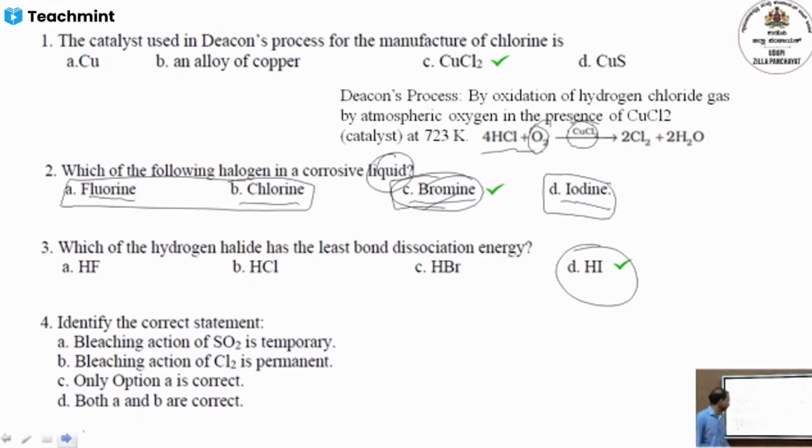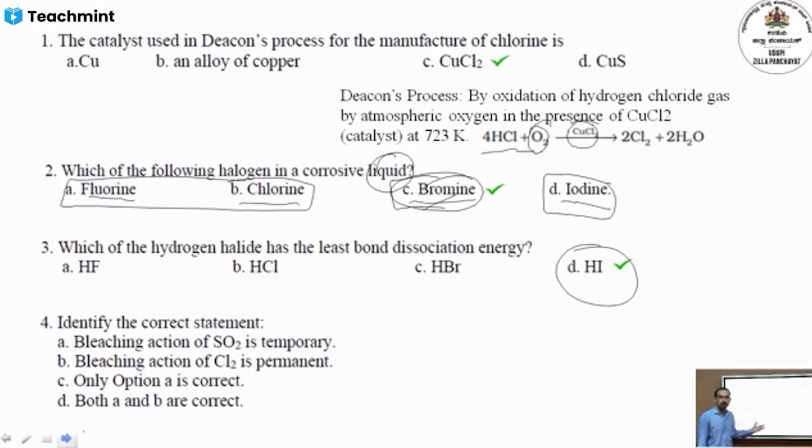And therefore, bleaching action of SO2 is because of reduction. So it is temporary, because any coloring matter or vegetable matter that gets bleached is undergoing reduction there. But that bleached substance, when exposed to moisture, the air or the oxygen that is present, will get oxidized back to give the original color.